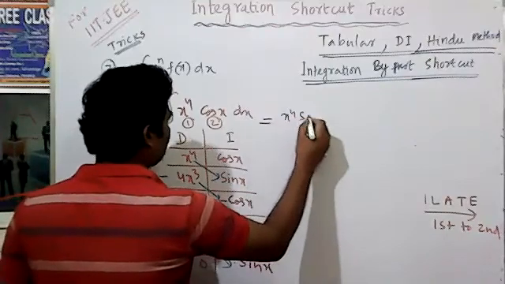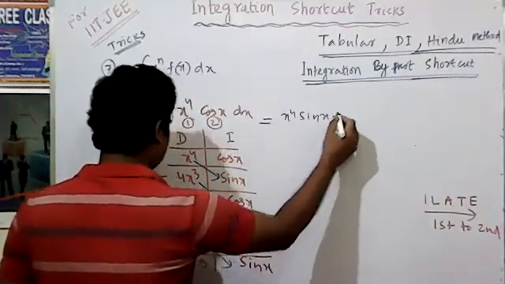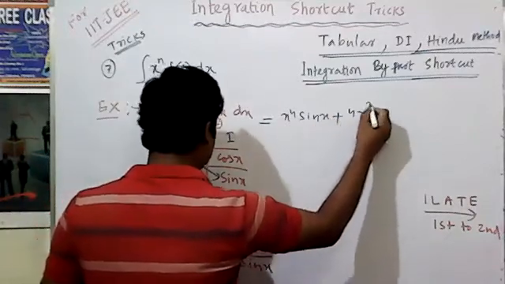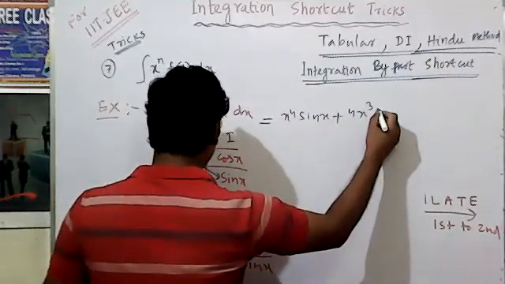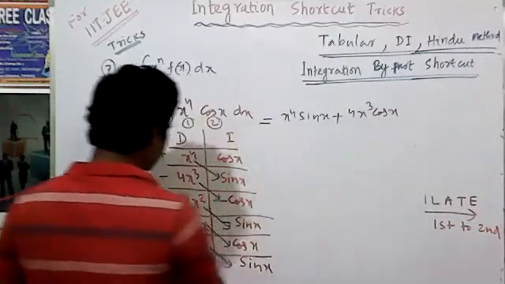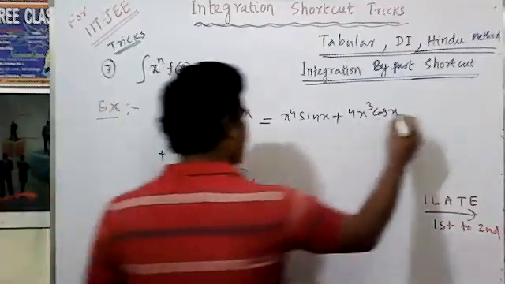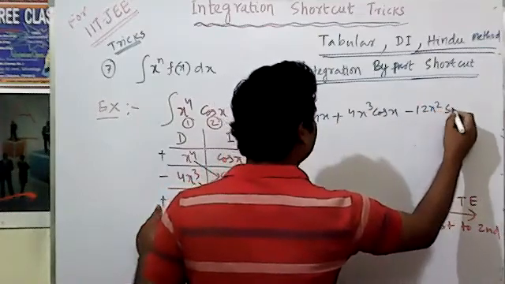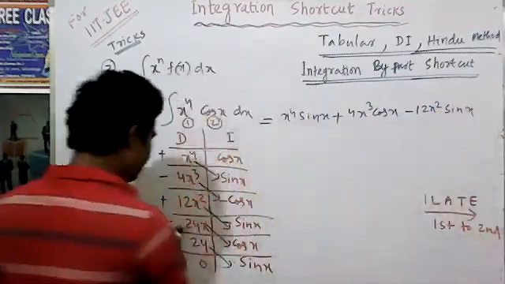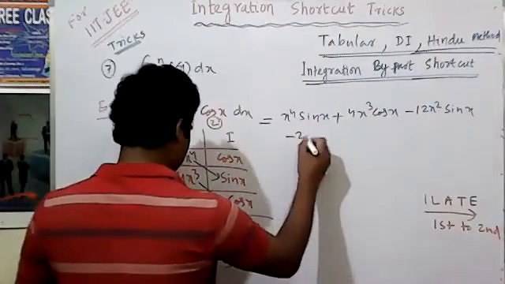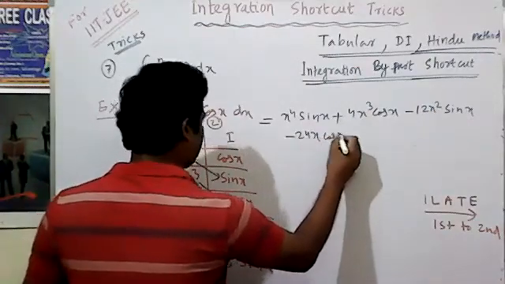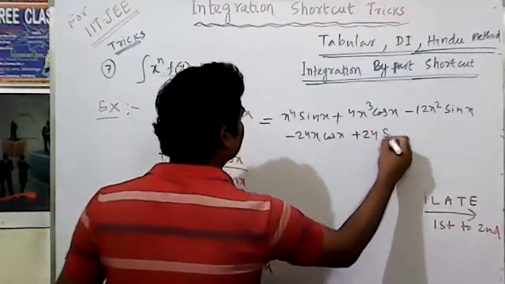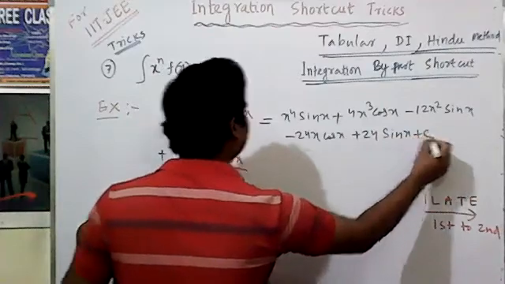x fourth sin x, then minus minus plus, that is plus 4x cube cos x, then minus 12x square sin x, then minus 24x cos x, then plus 24 sin x plus c.